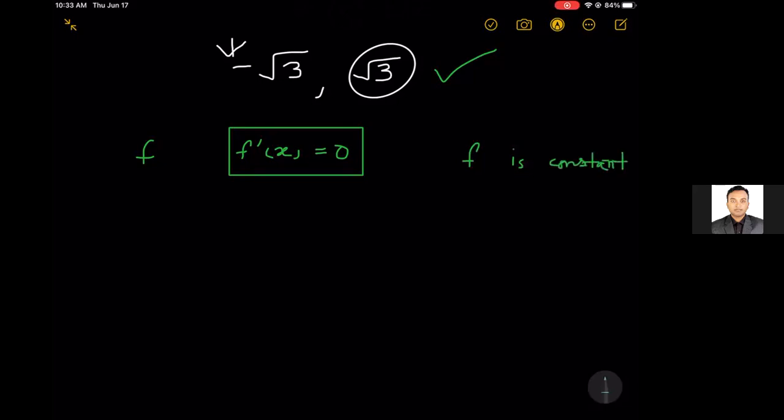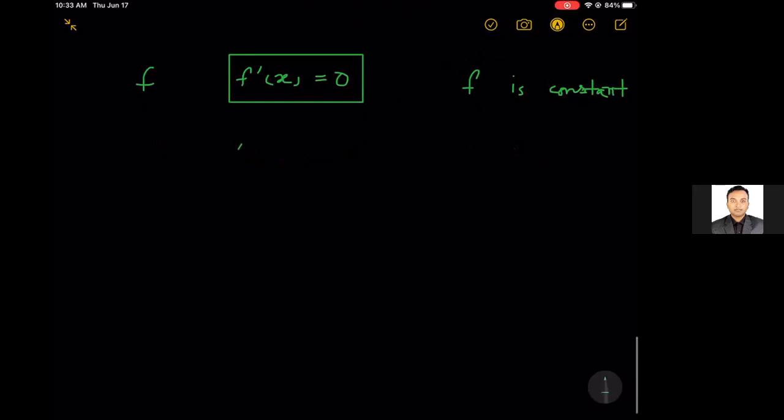And it makes sense because if you remember, if we have a constant here, whatever it is, the first derivative of any constant is 0. Do you agree? And that's what the theorem says, in the reversed order, of course.